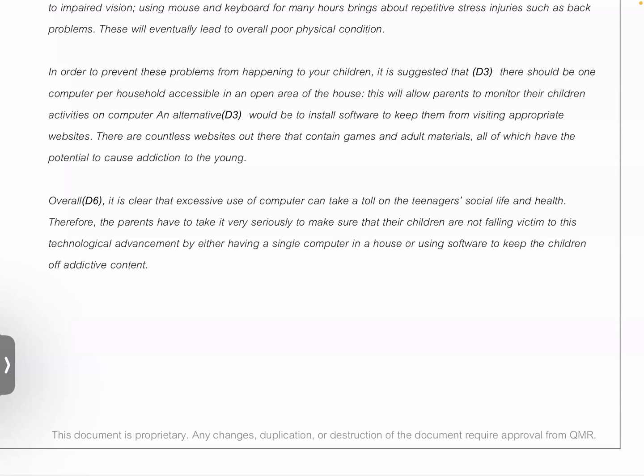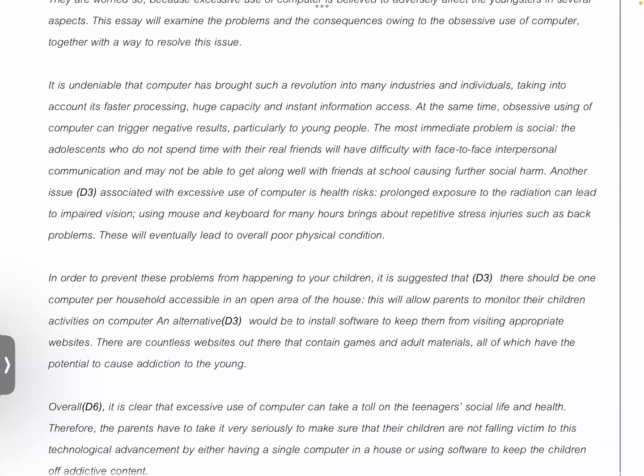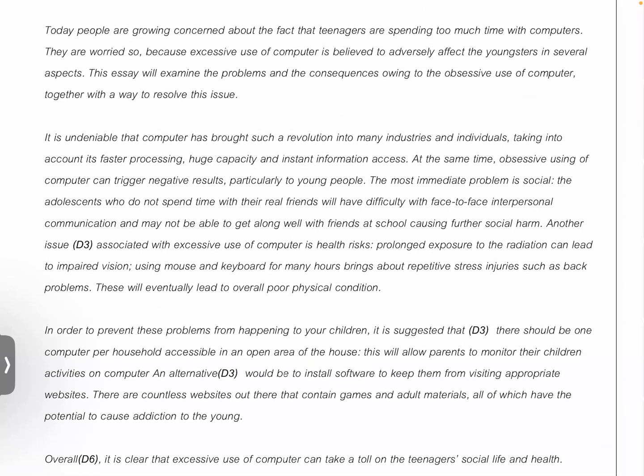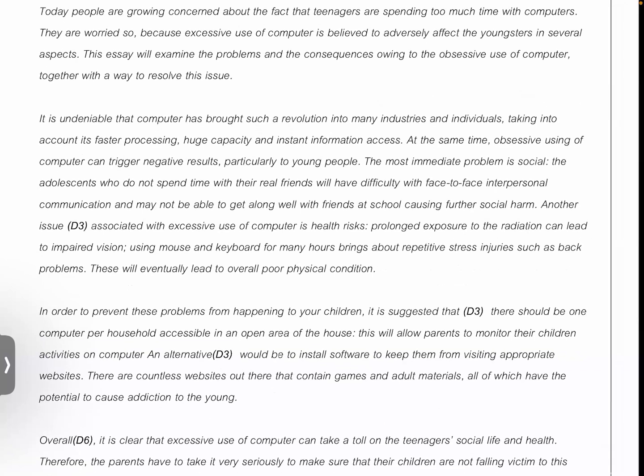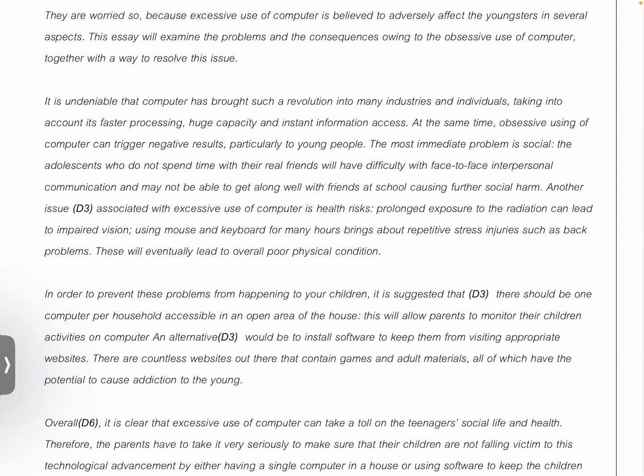You notice that this last paragraph does not contain any new information. It basically states the same thing, but in different ways. Like the first statement that says take a toll on teenagers' social life and health. We have said that before. We said that in the second paragraph, that obsessive use of computer can cause difficulty in face-to-face communication for that social life issue.